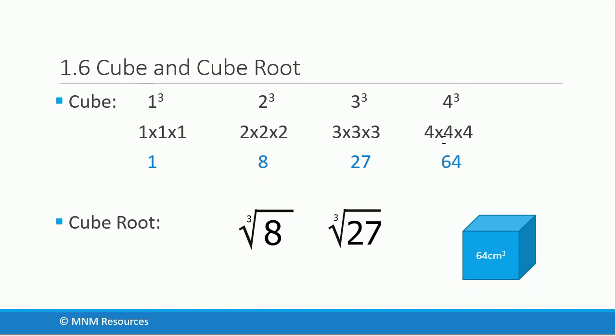But if you already know that the cube root of 64 is 4, it saves you the trouble of multiplying 1 3 times and 2 3 times and 3 3 times and then 4 3 times to give you 64. We'll look at more examples in our question samples that relate to this principle of cubes and cube roots.